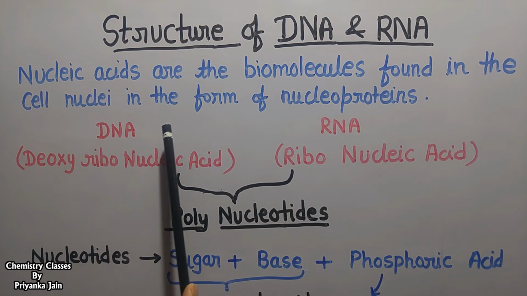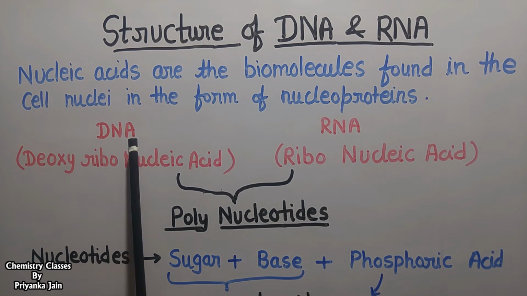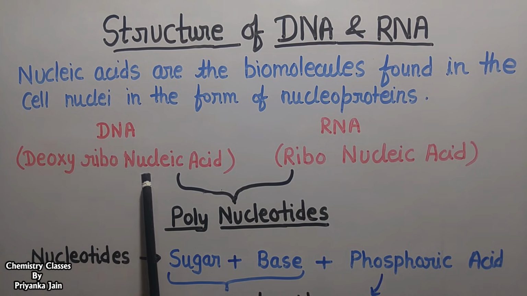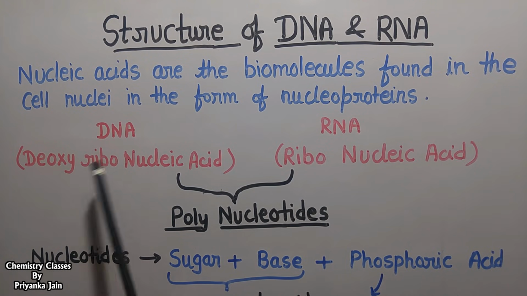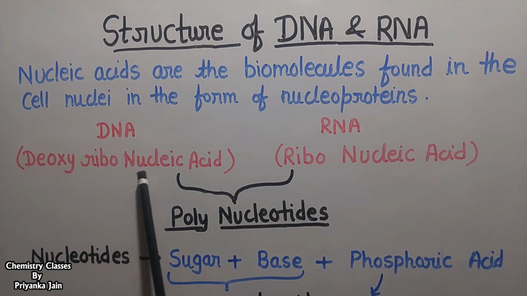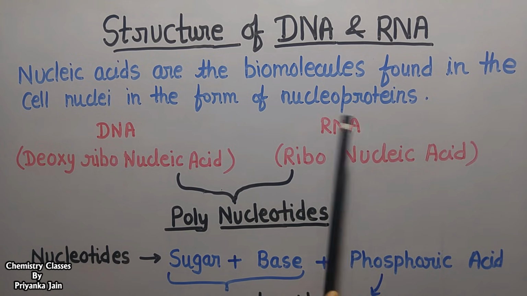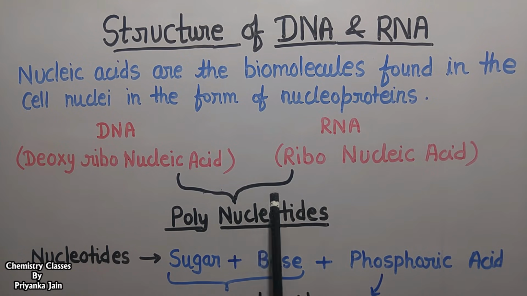So firstly we see the full form of DNA and RNA. DNA, the D stands for deoxyribo, N for nucleic and A for acid. So DNA is deoxyribonucleic acid, while RNA, R stands for ribo, N for nucleic and A for acid. So RNA means ribonucleic acid. Actually these both are polynucleotides.